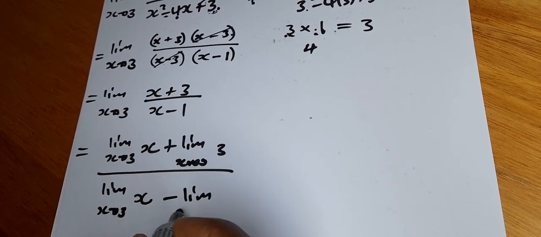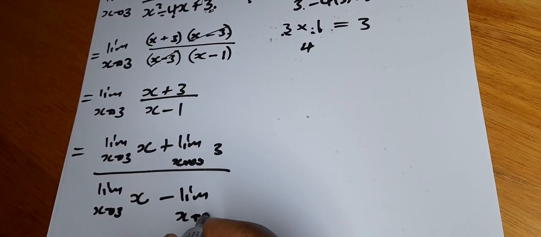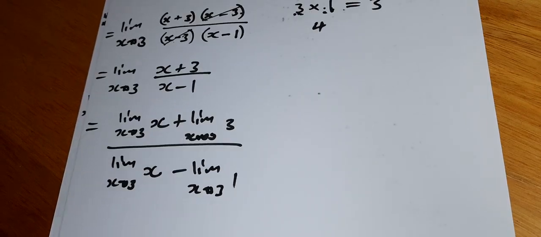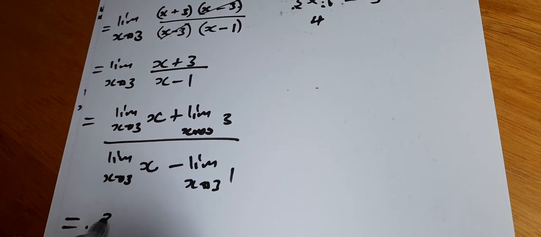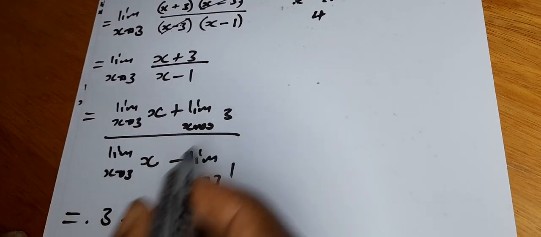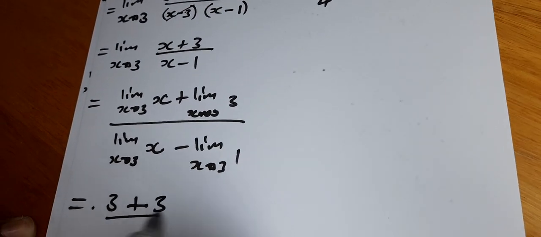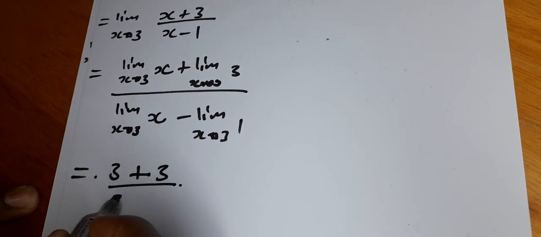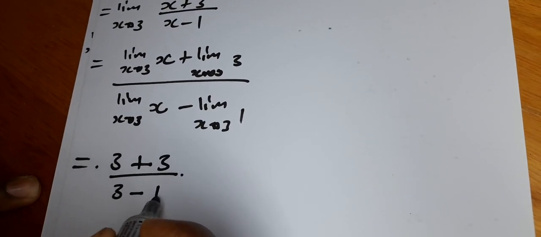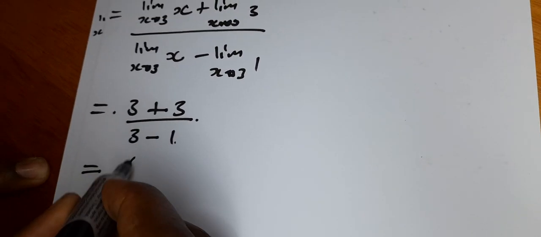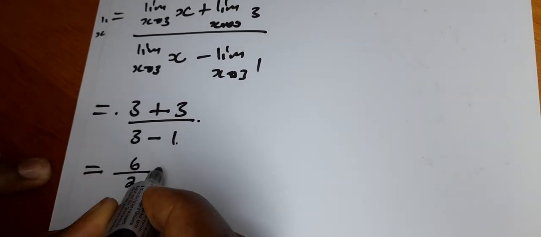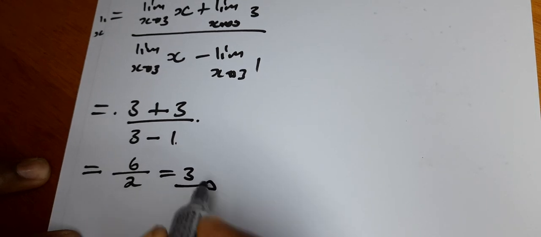The limit when x approaches 3, you have 1. Then now you substitute your 3. 3 plus, since this one is a constant, it will be 3. And then now we substitute our 3 minus 1. This is equal to 6 all over 2, which is equals to 3. Then this is your answer.